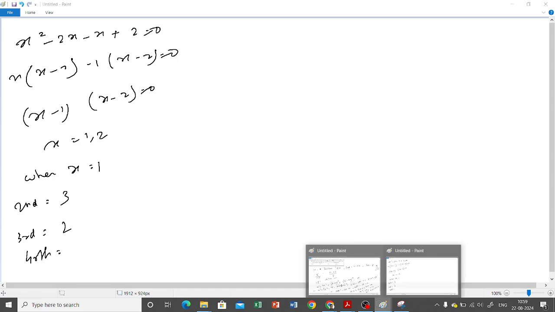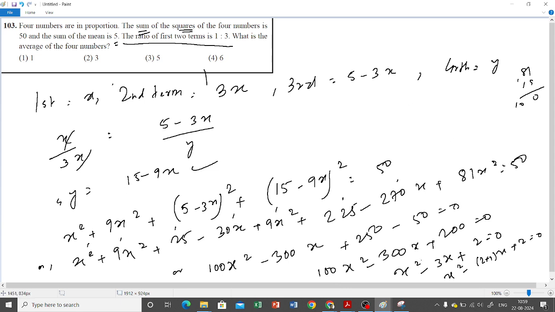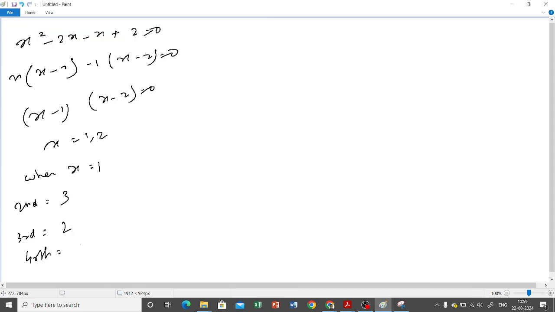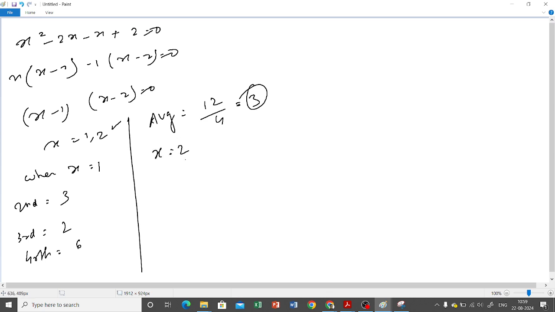The fourth term, 15 minus 9x, is going to be 6, right? What is going to be the average? 3 plus 1 is 4, 4 plus 2 is 6, 6 plus 6 is 12, divided by 4, that is going to be 3.